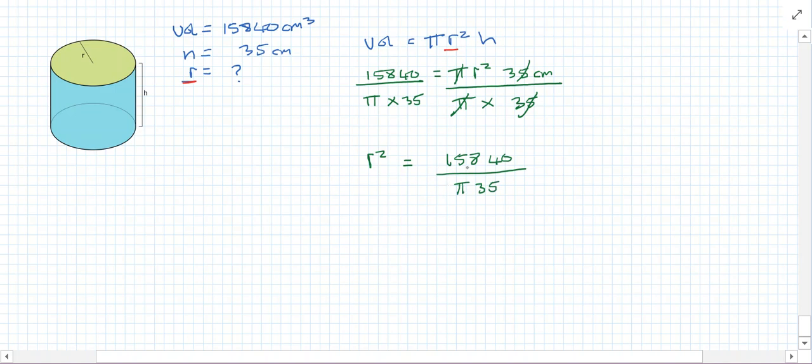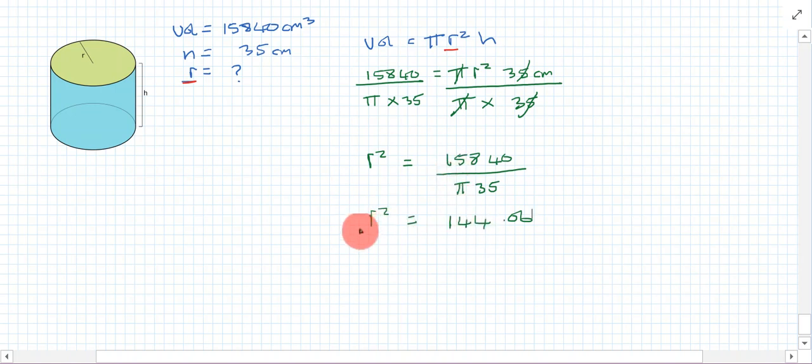So we can multiply this out, and if you use your calculator, what you'll find is that pi times 35 divided by this is going to work out at 144.06. So now what we have is r squared is equal to this value here. So we've taken this and we've calculated this.